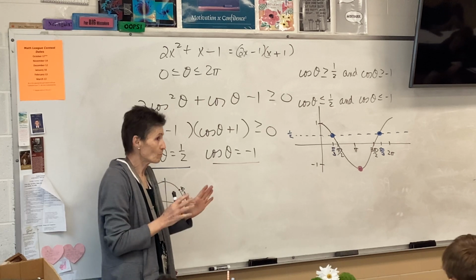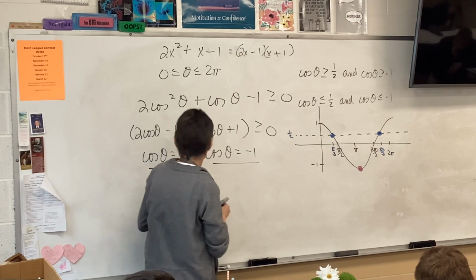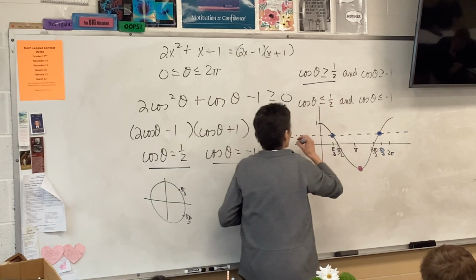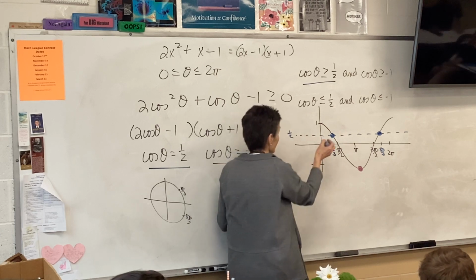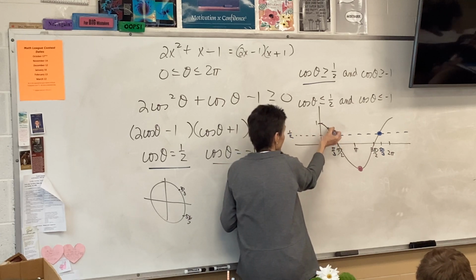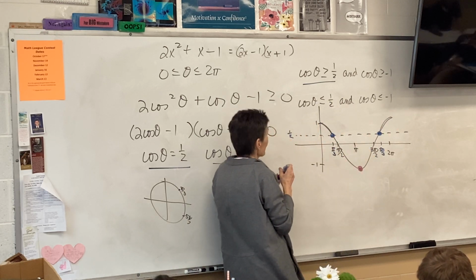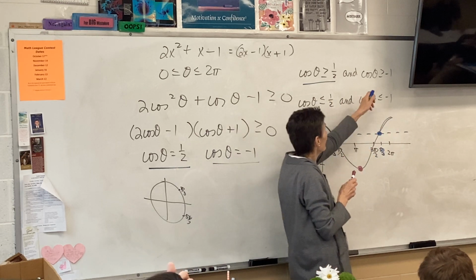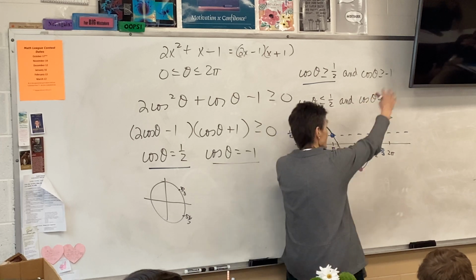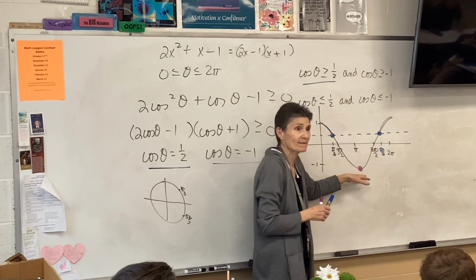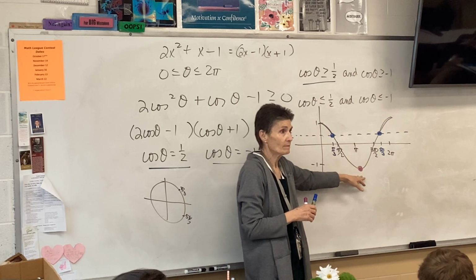Okay, so now here's where we gotta pay attention to what's going on. So if I do this in blue, where is cosine bigger than or equal to a half? Would you say here and here? And at the same time, I need cosine to be bigger than or equal to -1. Well, isn't that the entire curve? Right?